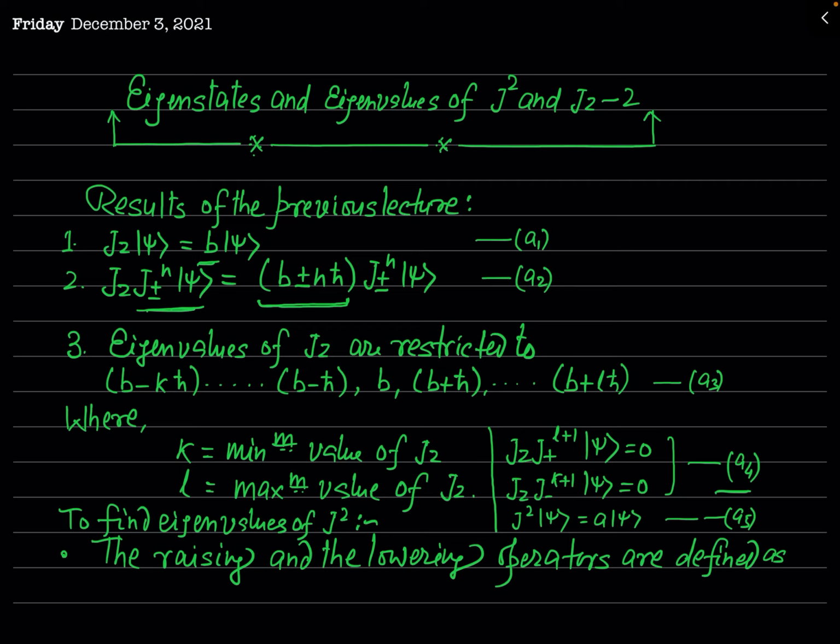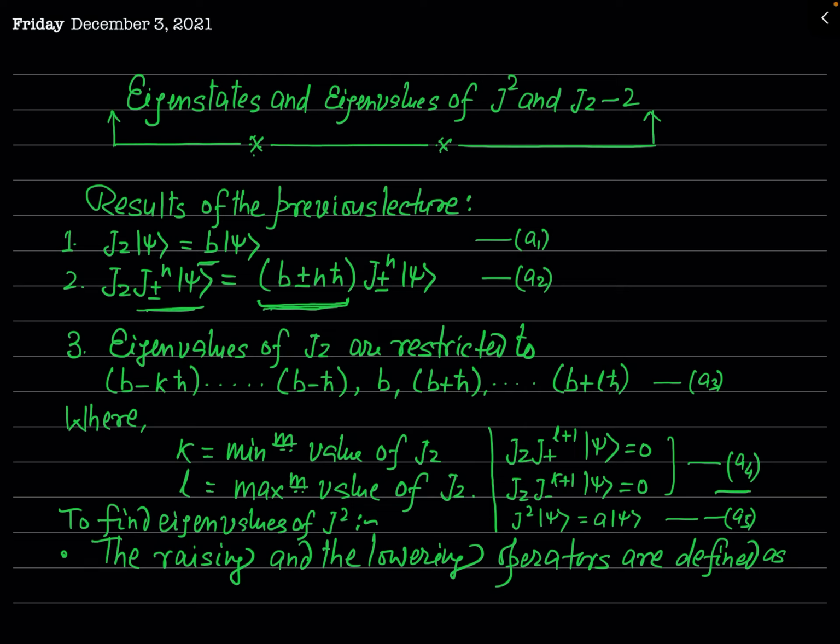In the light of these two equations, we obtained that the eigenvalues of the operator Jz are restricted between two finite values. Although according to the result defined in equation 2 the eigenvalue of Jz could range from minus infinity to plus infinity, in practice it is restricted between two finite values, which we obtained in the previous lecture like this.